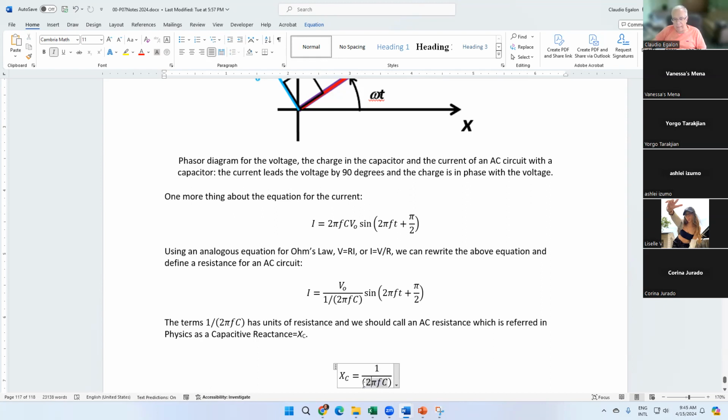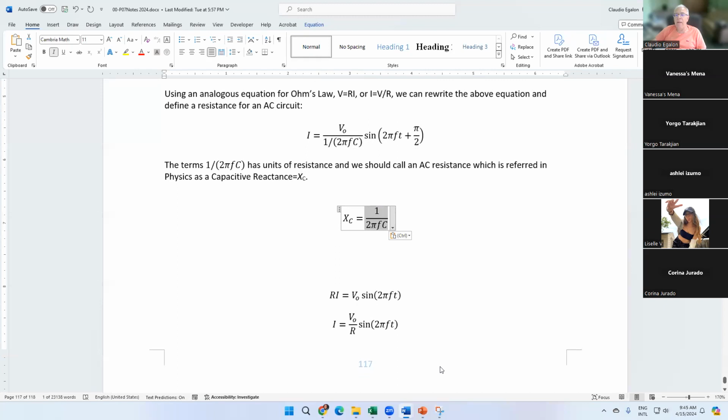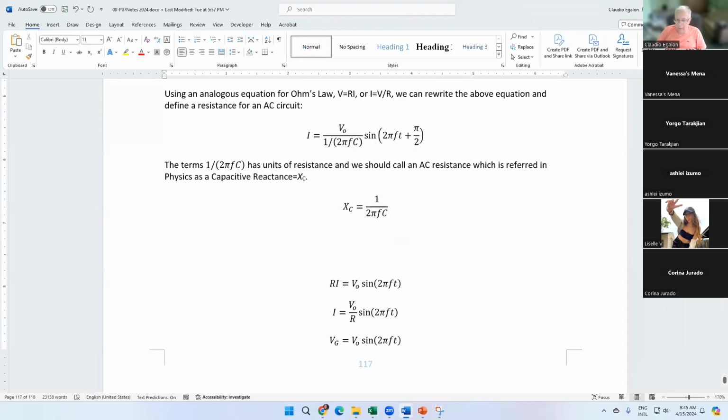You can go ahead and do some dimensional analysis, and you're going to see that this ratio that you see here has a unit of ohms.